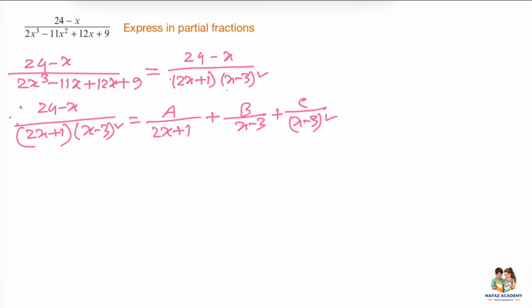How to solve it I have explained in my previous videos. You may watch the videos. So B over x minus 3, plus another C over x minus 3 squared. If it is a cube, then A over x plus B over x squared plus C over x cubed.